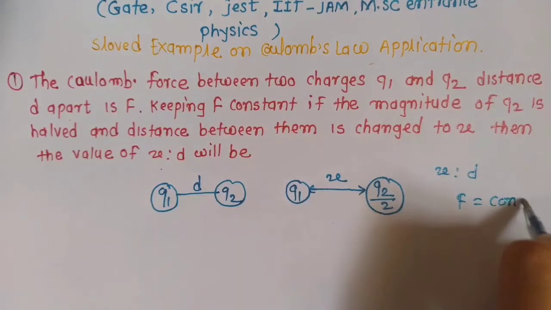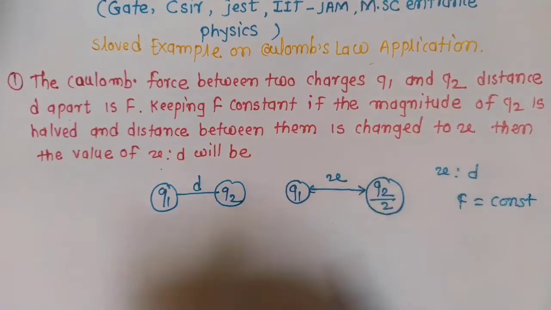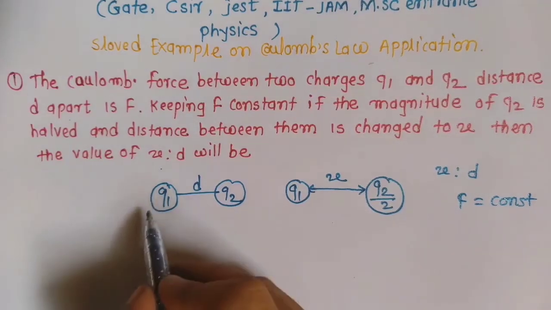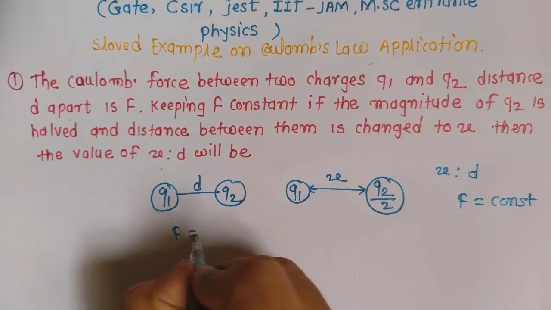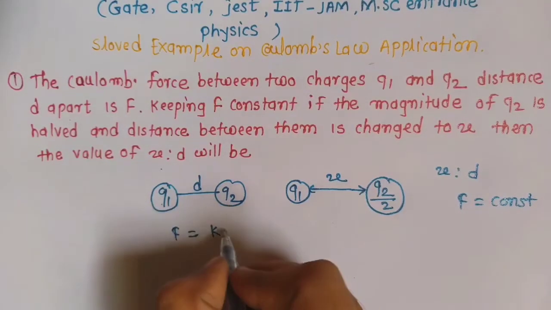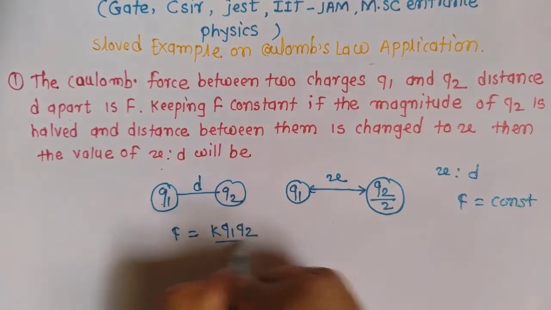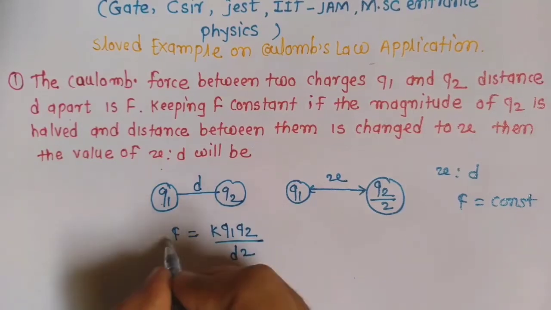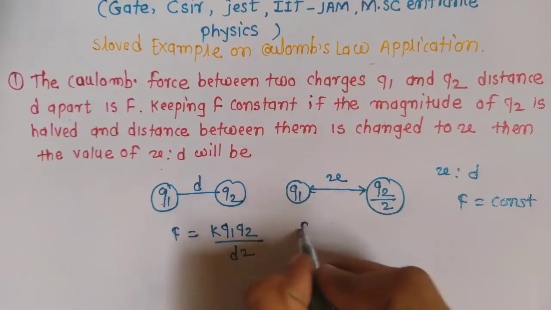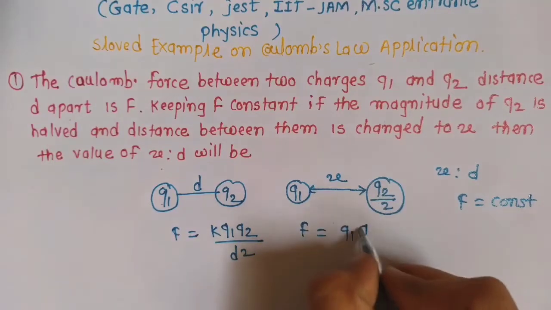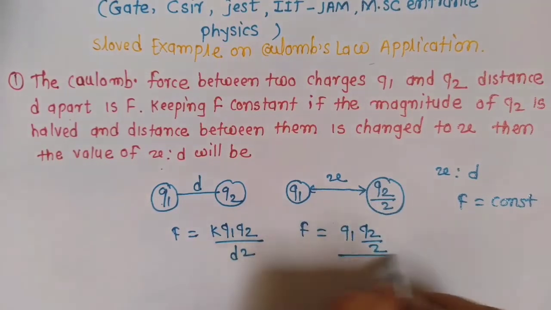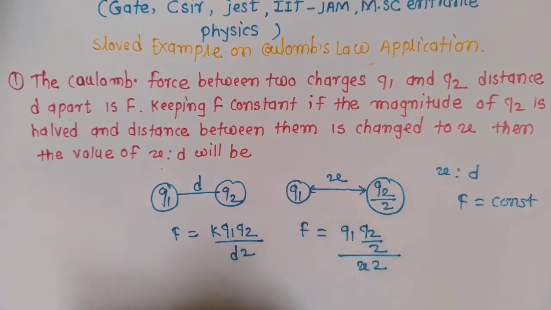F remains constant everywhere. According to Coulomb's law, the force is F equal to K Q1 Q2 upon d square. In the new case, the force is K Q1 times Q2 by 2 upon x square.